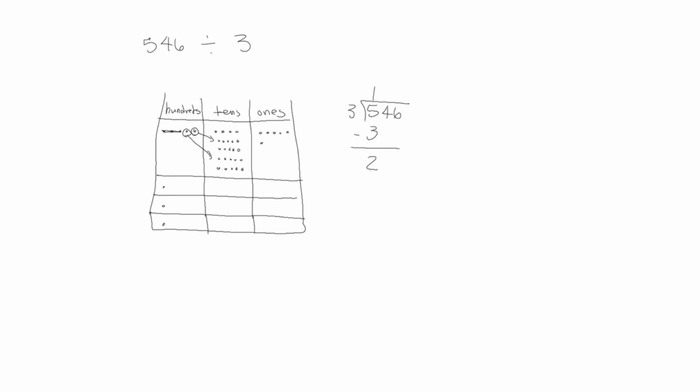Which I also do in my long division. I turn the 2 hundreds into 20 tens, and I'm going to add them to the 4 tens I already have, so that I have 24 tens, as I do here on the place value chart. And 24 divided by 3 is 8, so I can put 8 tens in each group. And 8 more.